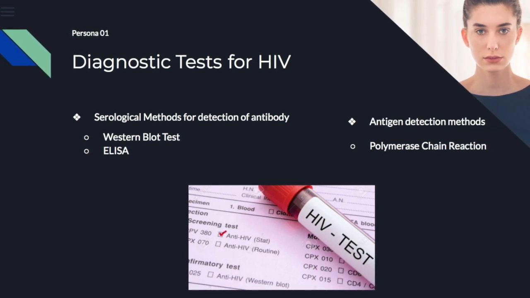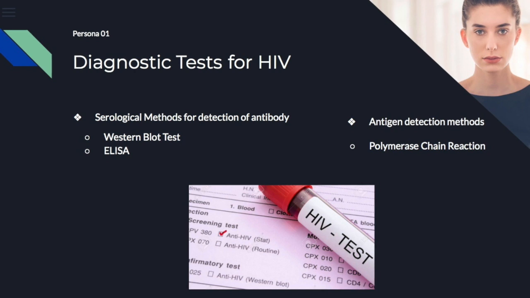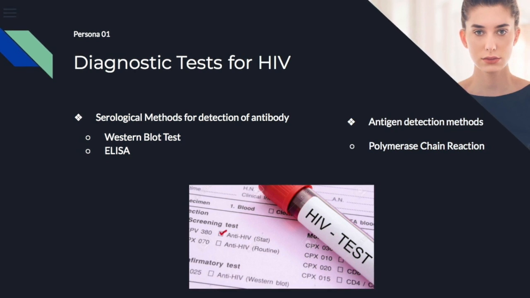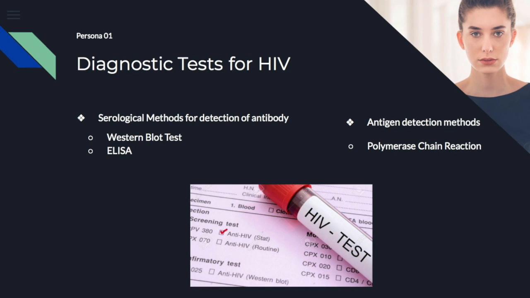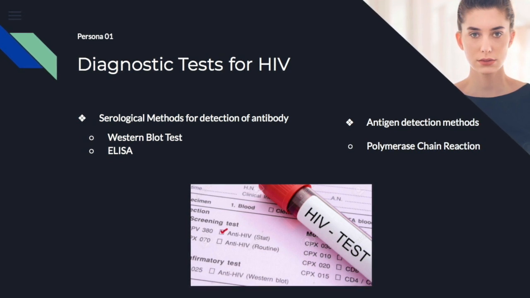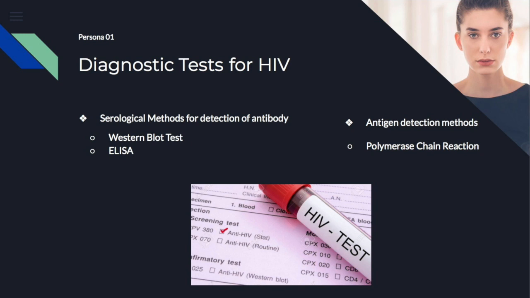Now, a lot of times there is a false negative result that occurs in HIV, and this occurs mainly because a newly infected patient will still be at that window period where no HIV antibodies are being produced yet. So a lot of the times, another test will be used to guarantee that you are indeed HIV positive or HIV negative.